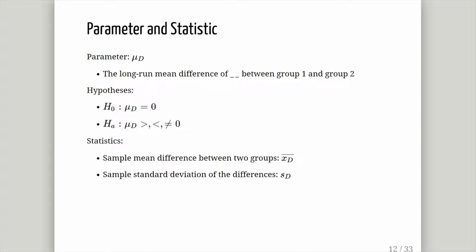That symbol is just going to be X bar with a little d underneath it. Then the differences will have a sample standard deviation. That symbol is S with a d under it. You see little d's popping up for all these symbols. You need these d's that stand for difference in Chapter 7.